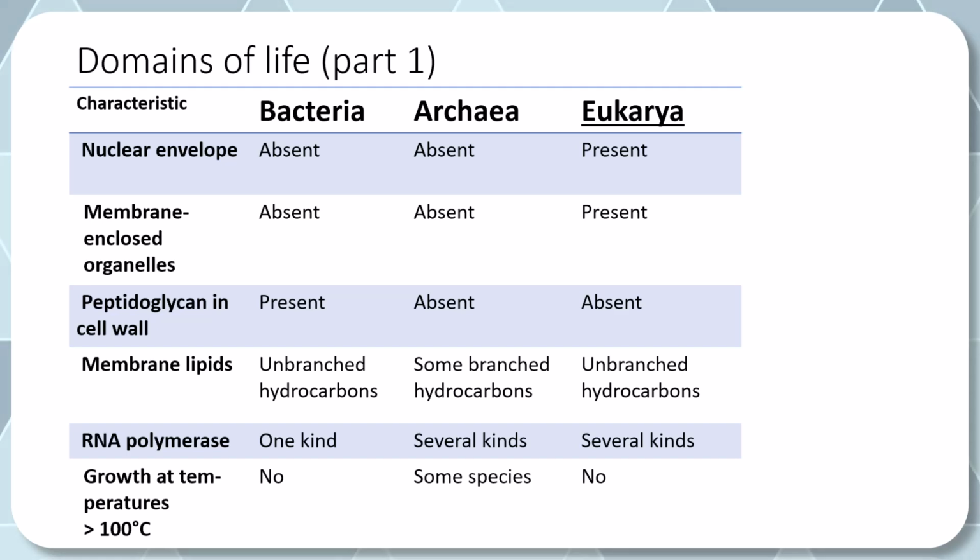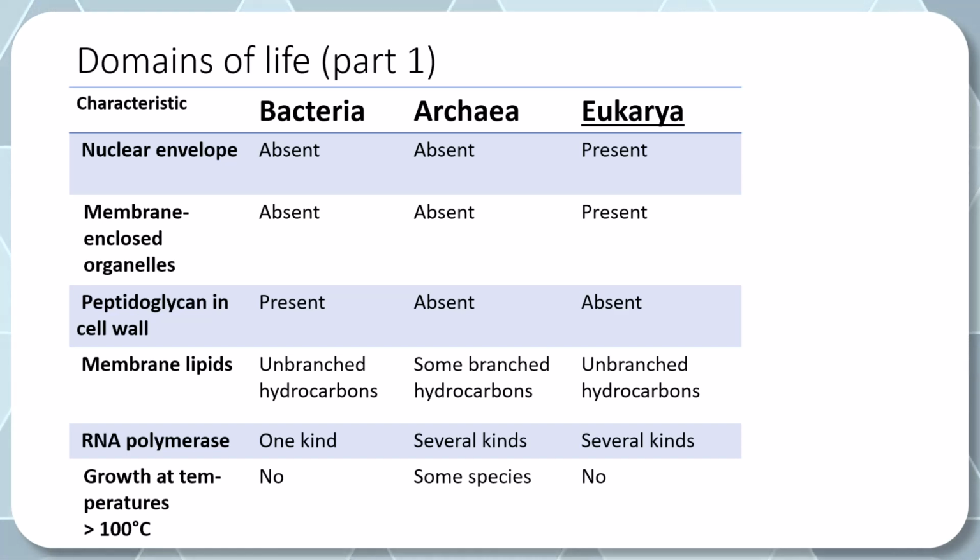So to compare those 3 domains of life, we've got bacteria, archaea, and eukarya in this table. Bacteria and archaea are both prokaryotic, so they're not going to have a nuclear envelope, and they're not going to have membrane enclosed organelles. Eukaryotic organisms have both of those things.